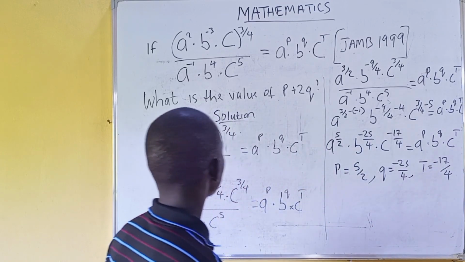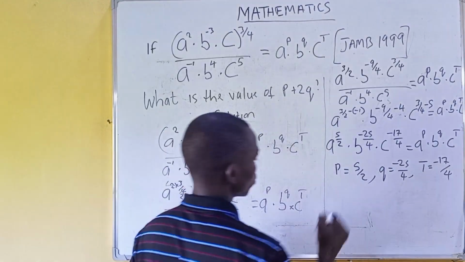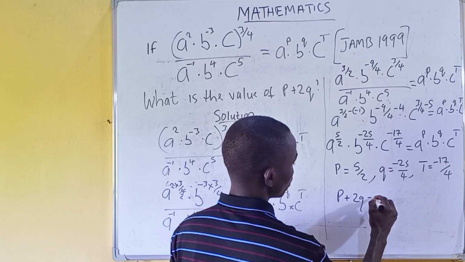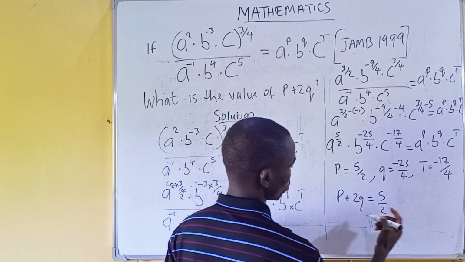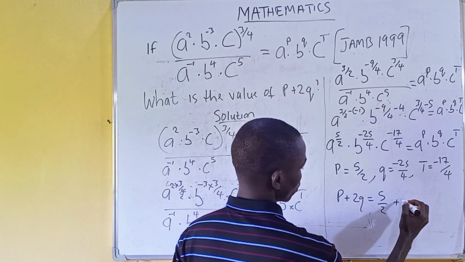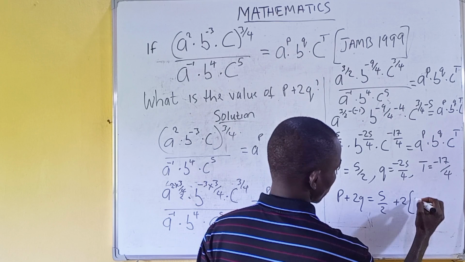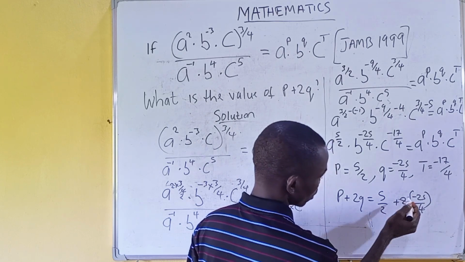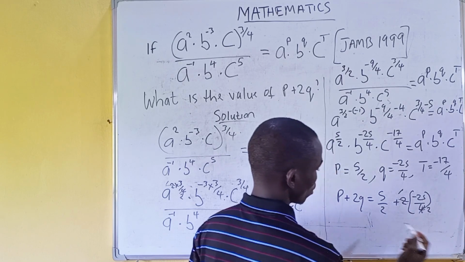From here now, we are asked to find P plus 2Q. So P plus 2Q will now be P, which is 5/2, plus 2 times Q, which is minus 25/4. Therefore, 2 here we have 1, 2 here we have 2.